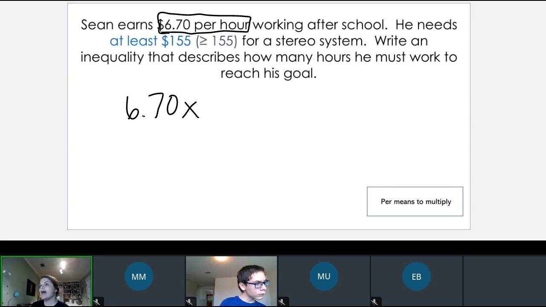So he needs at least $155. This is how much money he has to have. That $6.70 times x has to be greater than or equal to $155.